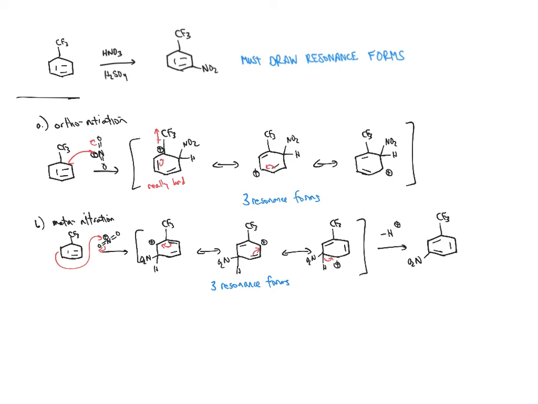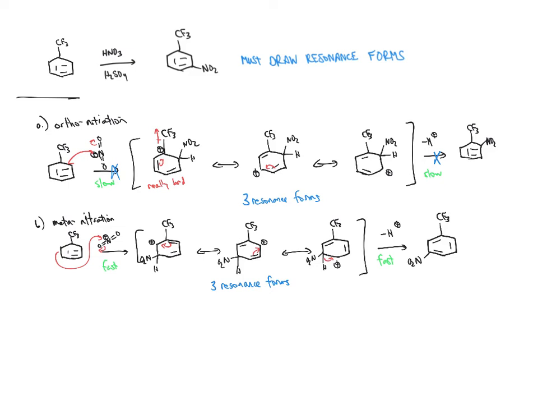Okay, so this reaction is fast, whereas this reaction is slow. And so slow that it actually doesn't occur. So we don't get any loss of proton to give us the ortho-nitro trifluorotoluene. That does not occur.